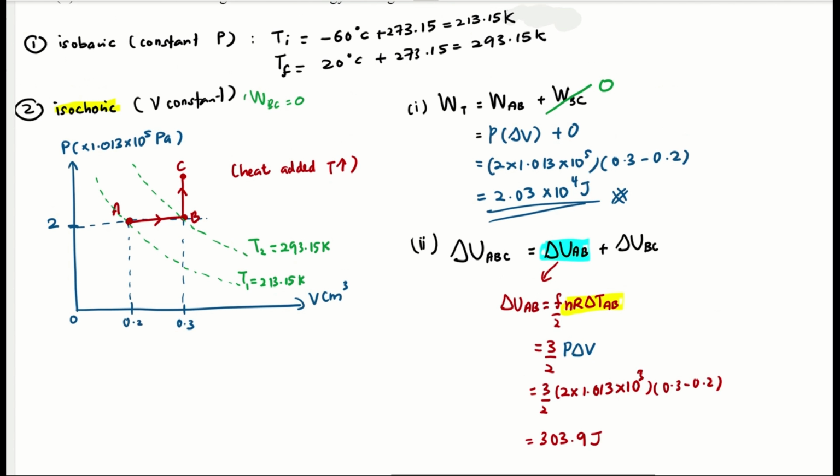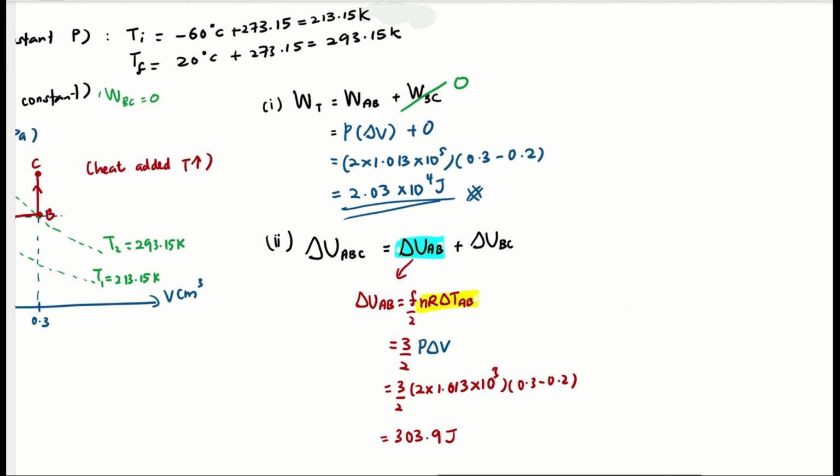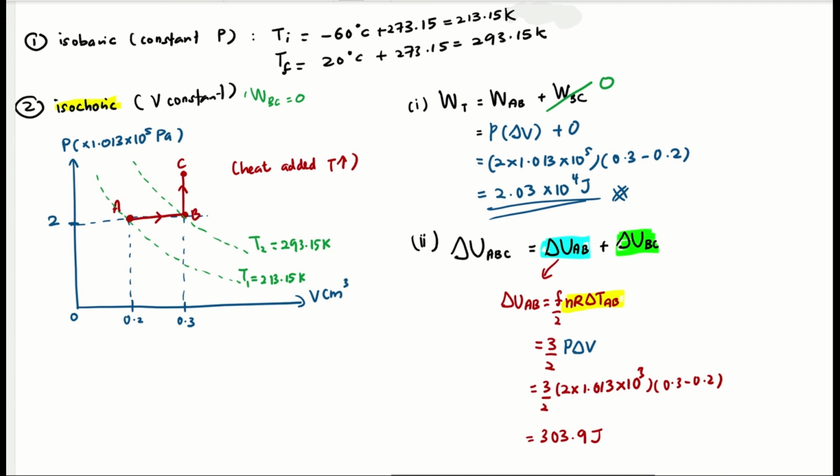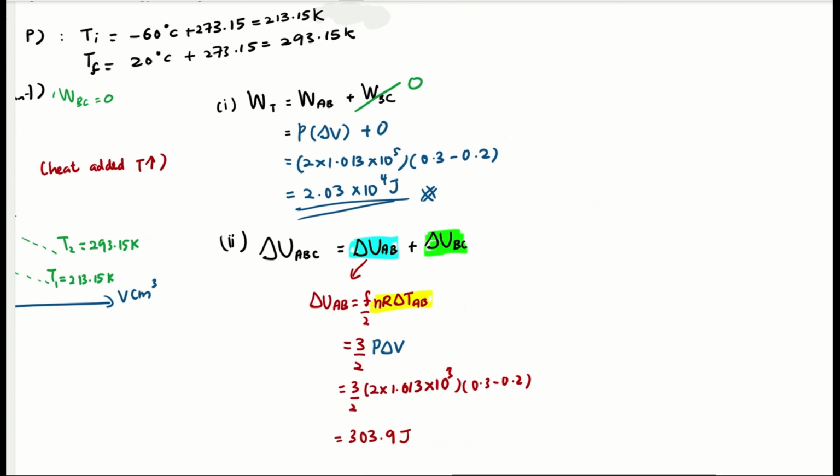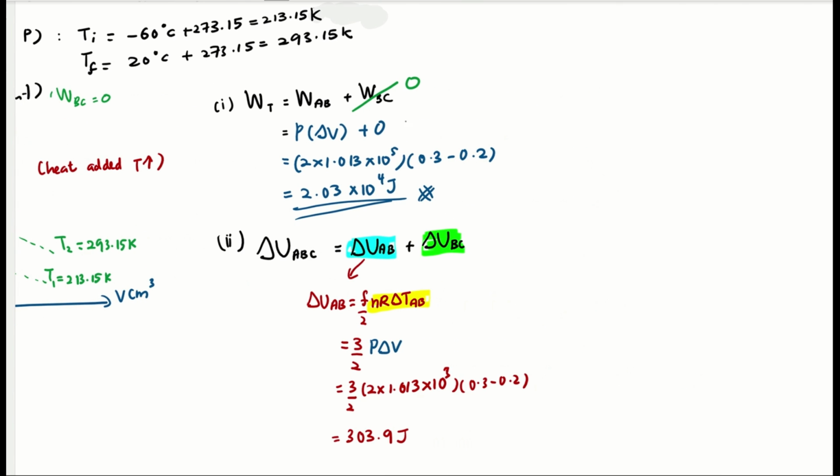And then kalau kita proceed kepada delta UBC, tengok kat sini. So delta UBC untuk proses B to C tadi adalah isochoric iaitu V constant. So you can use the first law of thermodynamics. So from this one, actually delta UBC is equal to QBC minus WBC.